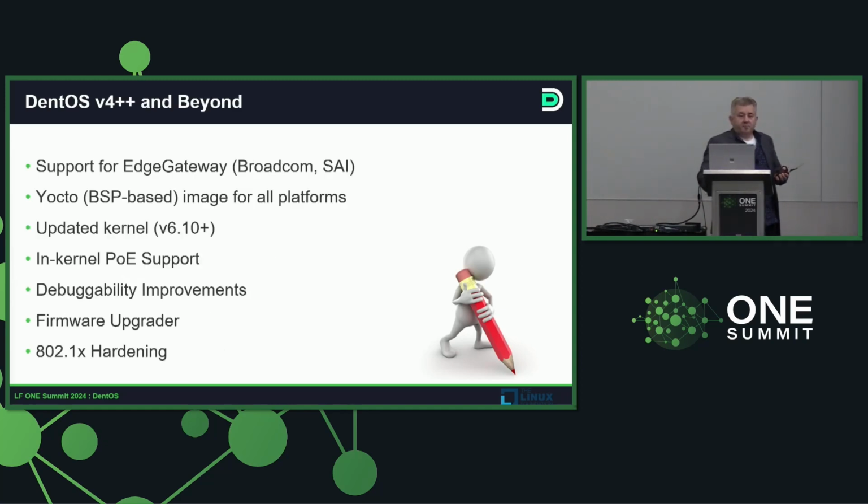Going forward, this was the first release for 4.0 or 4.x, and the common SAI platform is supporting Broadcom and Marvell. But going forward, the same type of devices, except using Broadcom instead of Marvell, can be made available. That's what the next release is going to be focusing on.